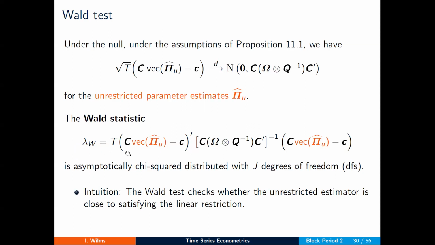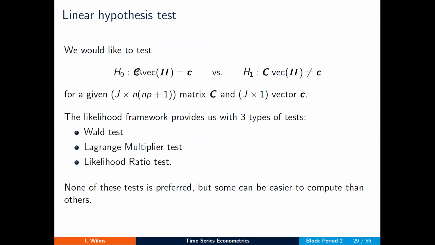The Wald statistic is then given by this form over here, where you can show that it follows a chi-square distribution under the null. Now, how should we understand this Wald test intuitively? Well, the Wald test checks if the regular unrestricted estimator, so where no restrictions are imposed, you just estimate the model by least squares, is close to satisfying the linear restrictions as set out under the null hypothesis.